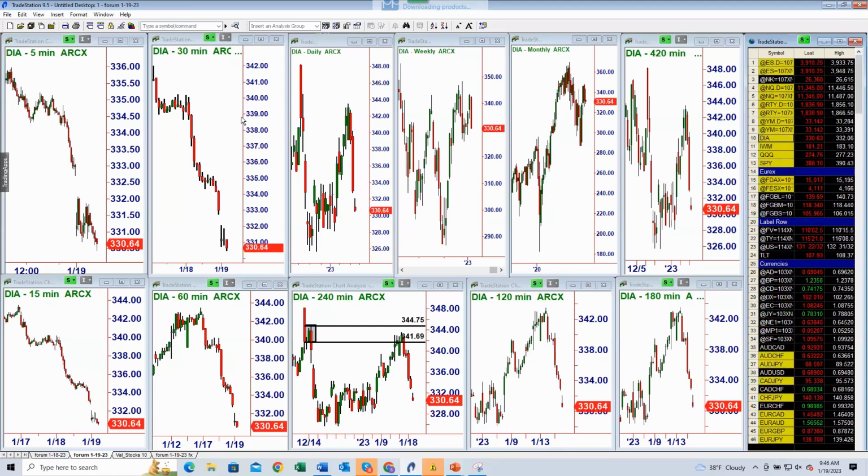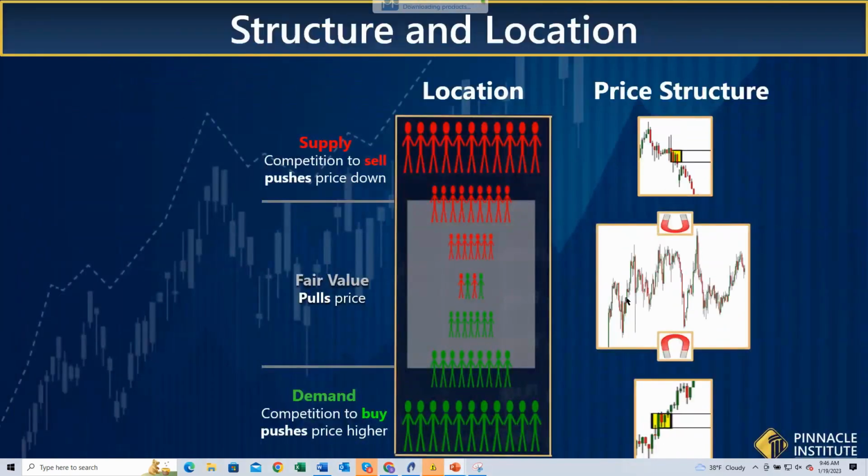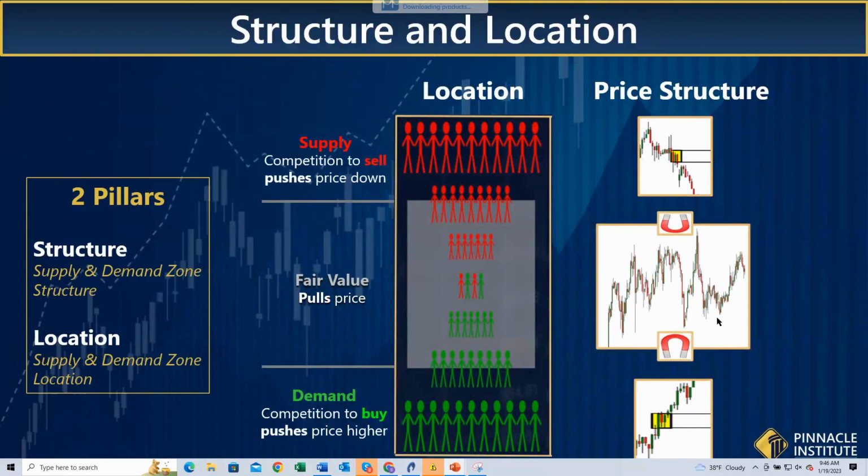The only reason I jumped on this a little more than I normally would is because the reality is the majority of people lose money, so we should spend a little time on that. Two of the big reasons why are likely buying and selling inside fair value. We don't want to do that.